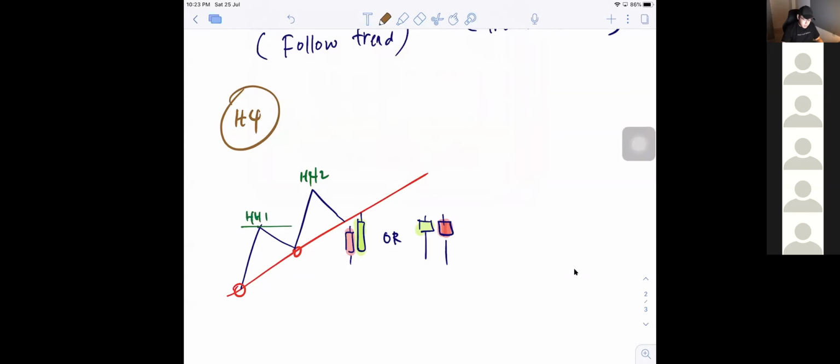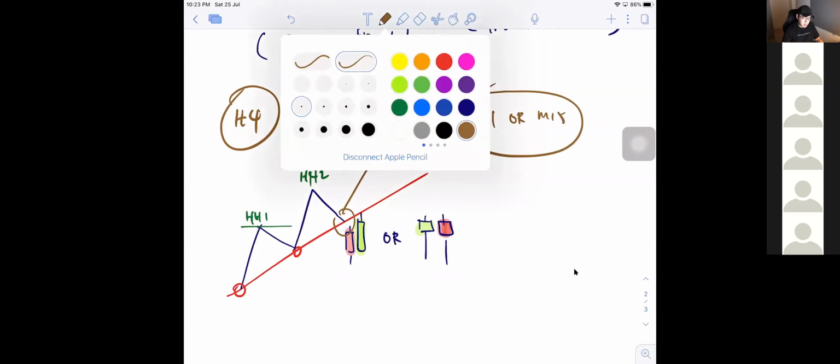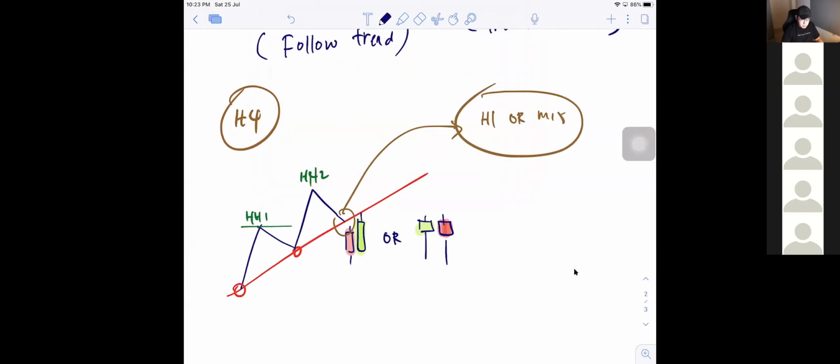But if you zoom this into a lower time frame like H1 or M15, you can use whichever time frame that you want, and you can look for pattern like double bottom, head and shoulder, or another trend line break.